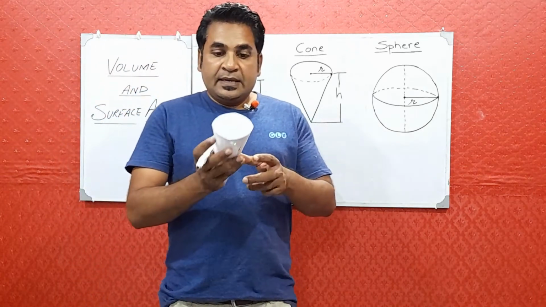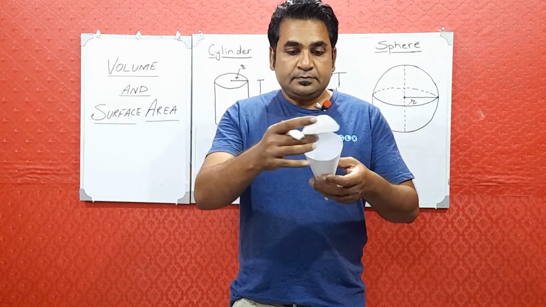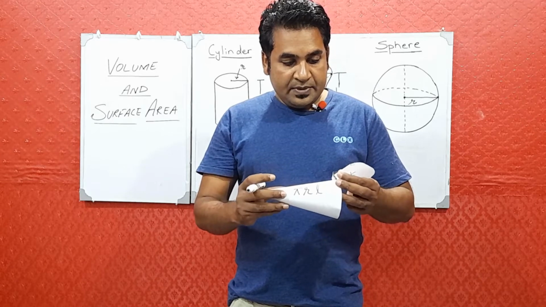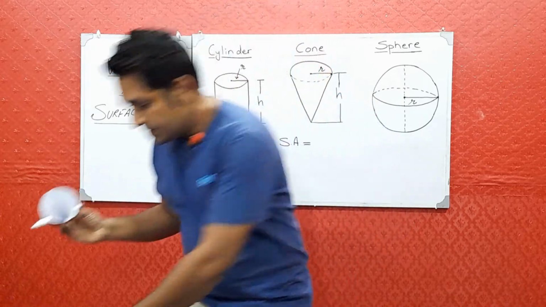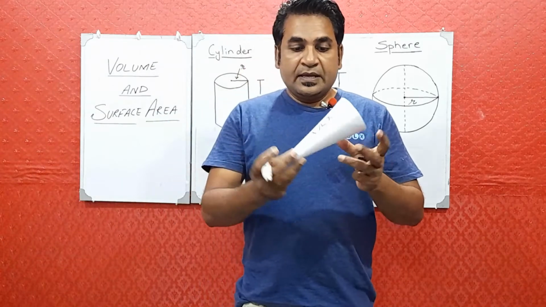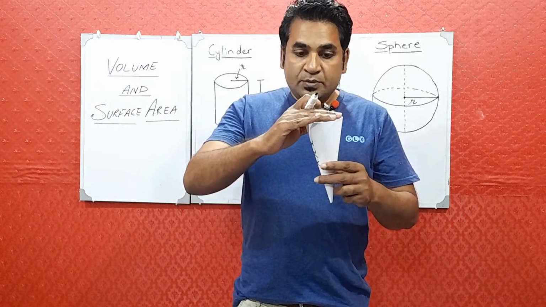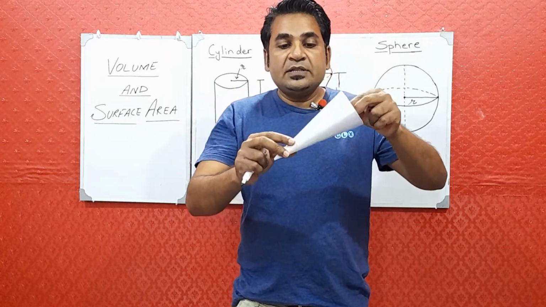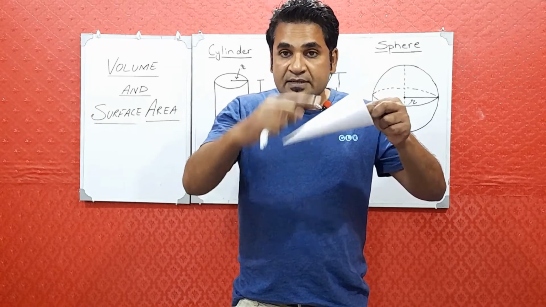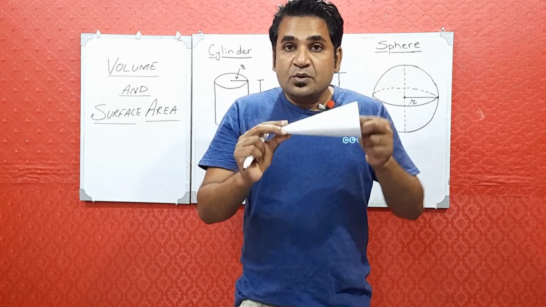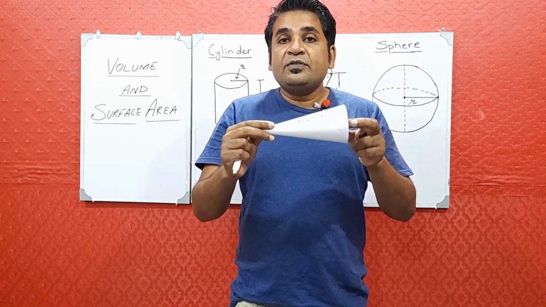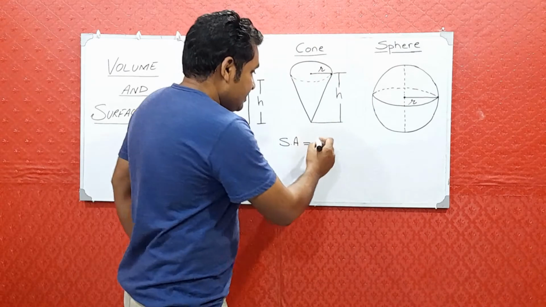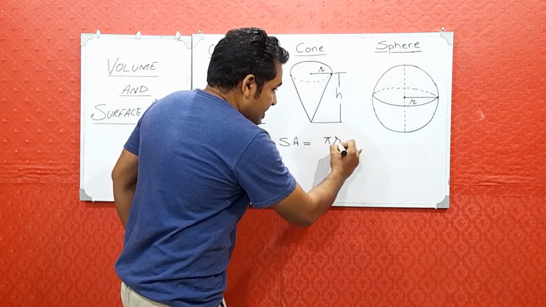Look, just ignore this cap in the beginning. This cone is open, and we are supposed to find its surface area. Because it is open, we will just consider the area of this curved surface, and the area of this curved surface is equal to pi r l.